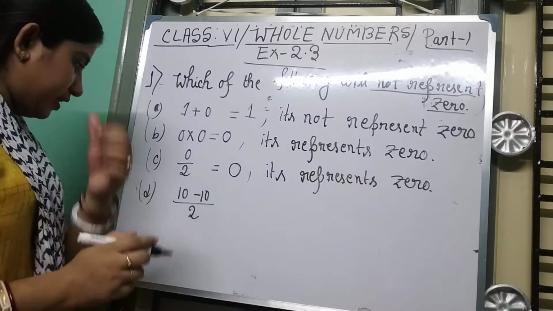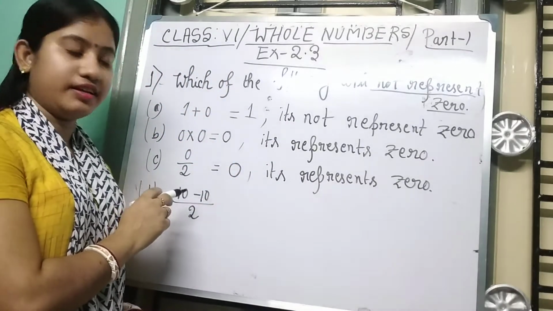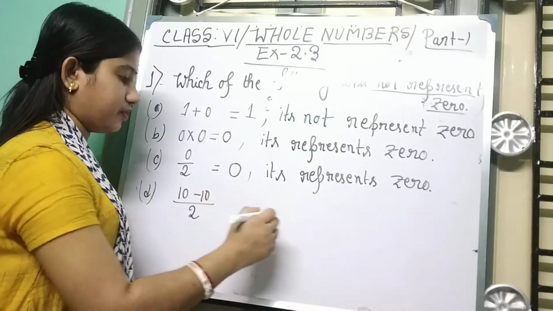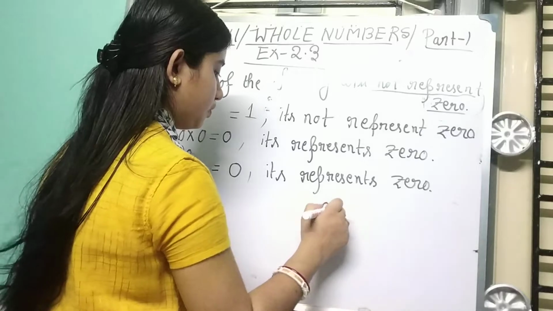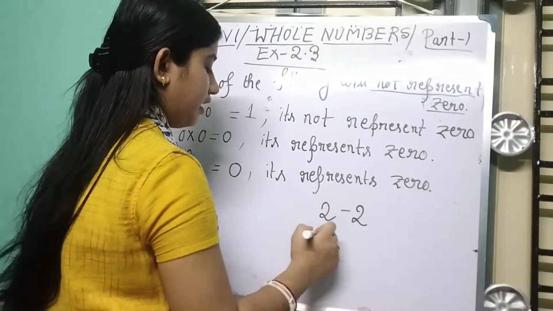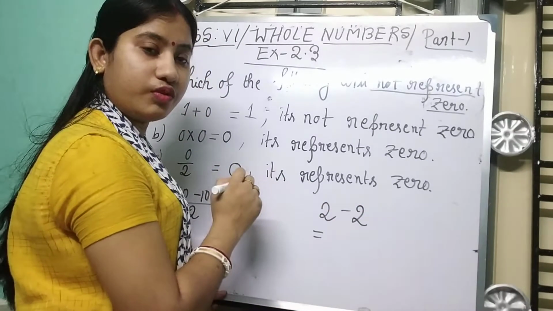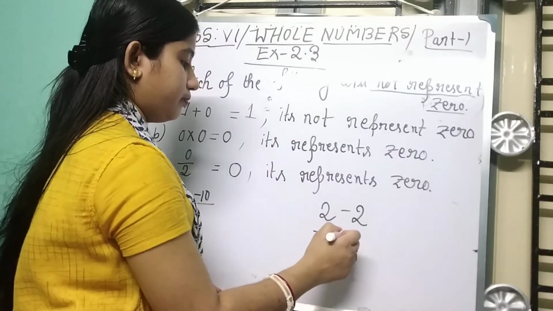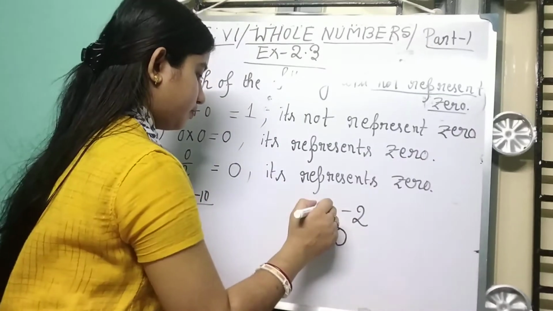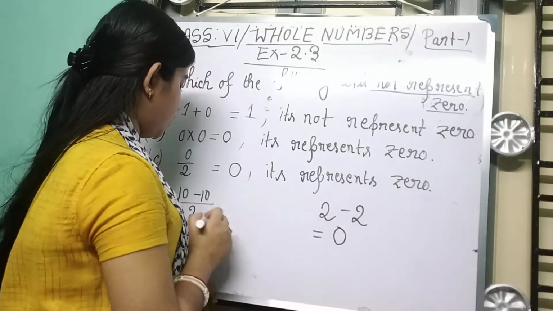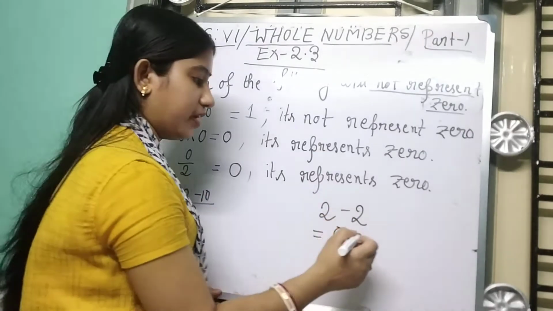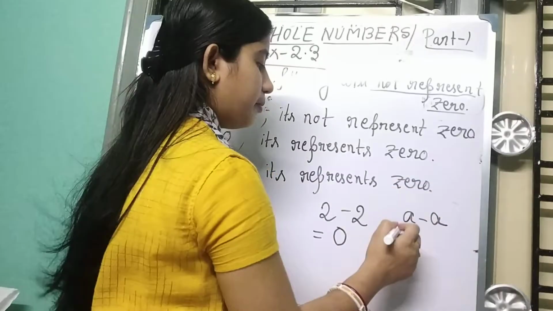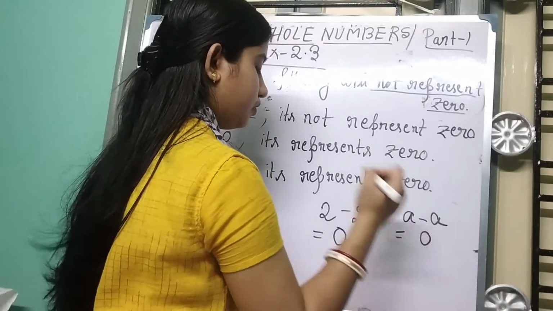Now next option D. 10 minus 10 by 2. Now suppose 2 minus 2. That means we subtract 2 from 2. Then we get 0. So for any non-zero number, if we subtract the same number, then we get 0.